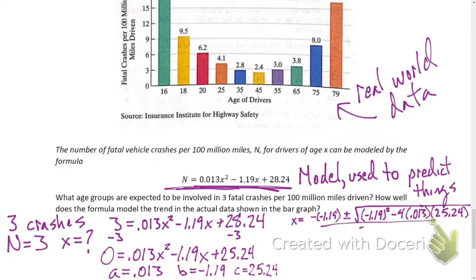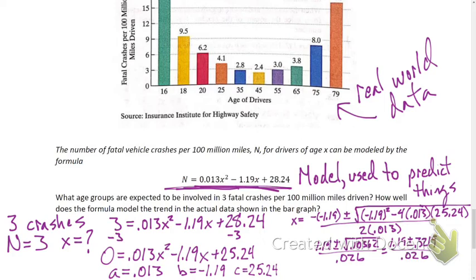So when you start typing this in, go really slow, take it in small pieces. All right, so when I type in just under the radical part, I get 0.10362, and then I square root it. And I get 3219.